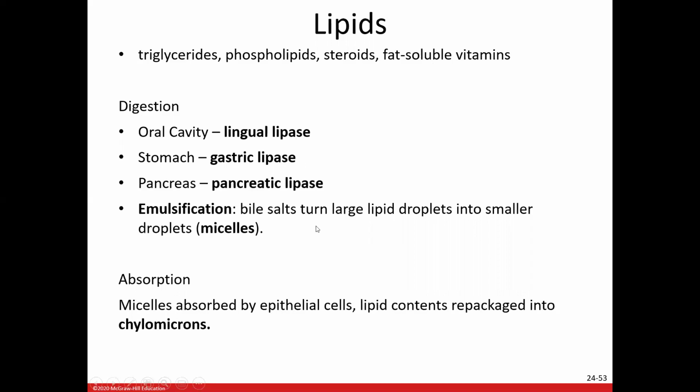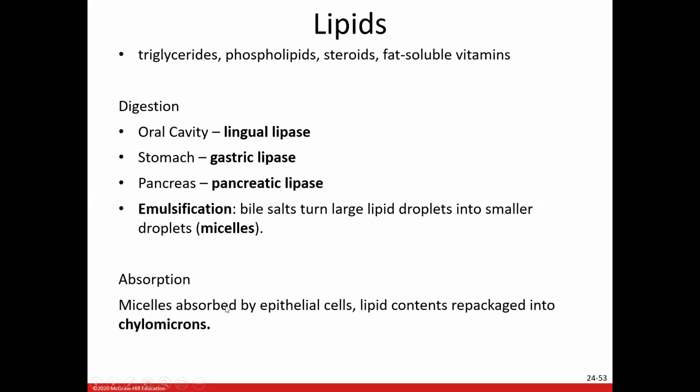And then also, we have the process of emulsification that occurs in the duodenum through bile salts, which are part of bile. Bile salts are able to turn those larger fatty droplets into smaller droplets that are called micelles. When we bring those big lipid droplets into smaller lipid droplets, that increases the surface area and allows them to be more easily absorbed by the small intestine.